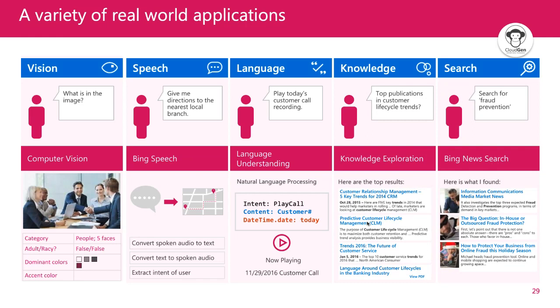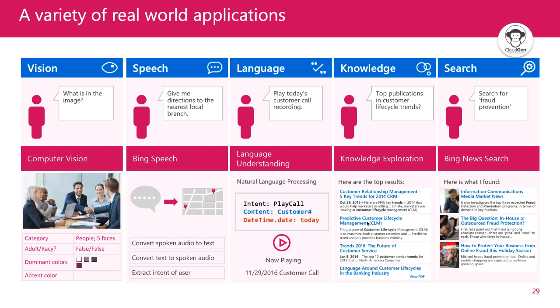So the idea is that even if you are not a machine learning expert or you don't have any expertise in AI, you can immediately use these services. Why? Because they are exposed as APIs or SDKs.